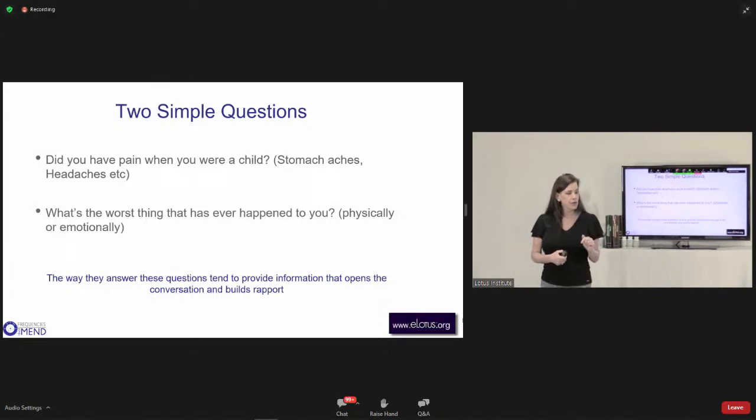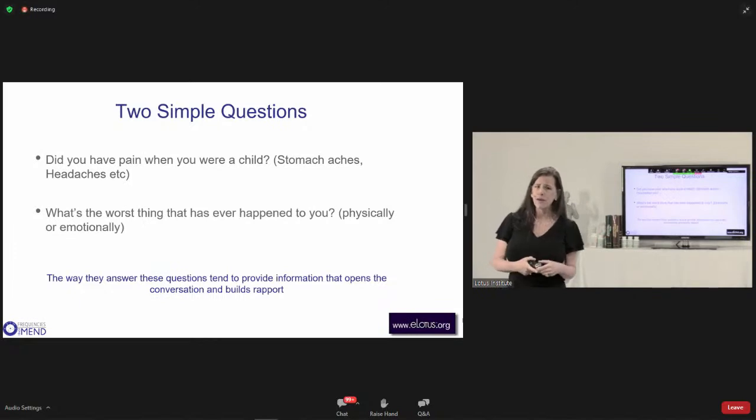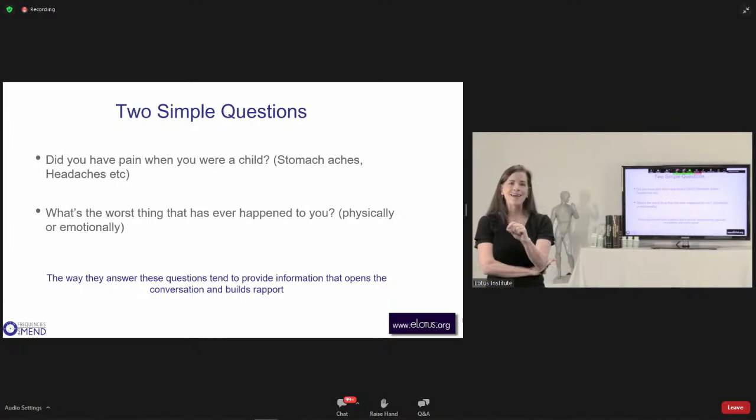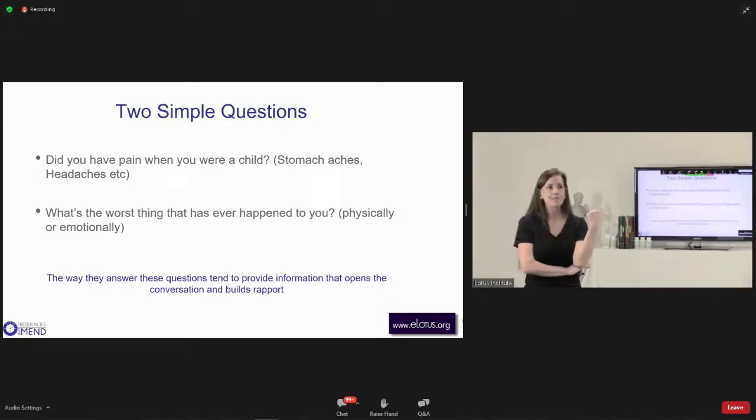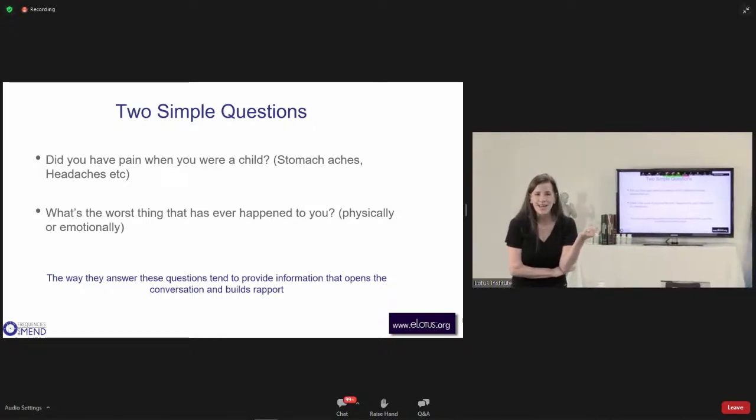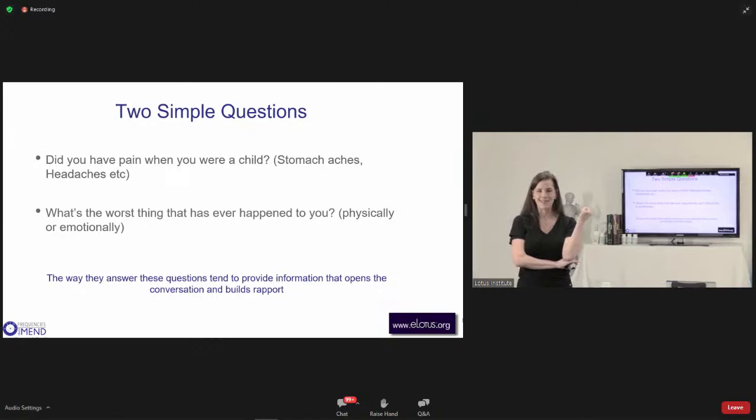The first one is, did you have any pain when you were a child? We already have the data, and the data says that if you had pain as a child, there is an 80% likelihood that you have ACEs. So just by yes or no, I already have a data point really fast.